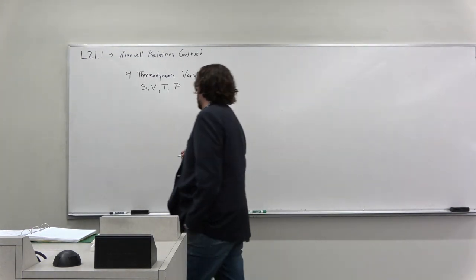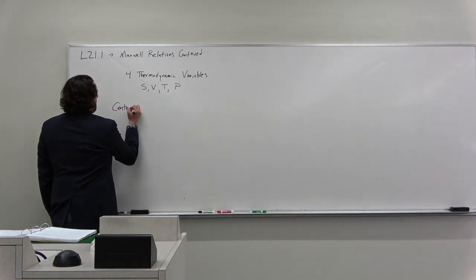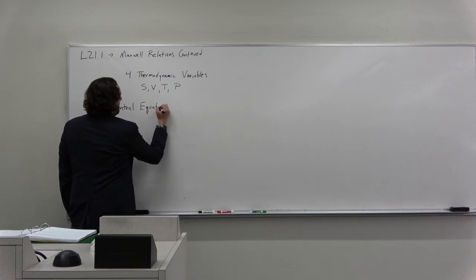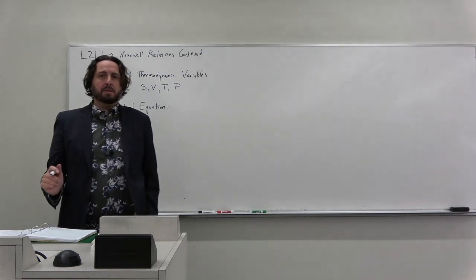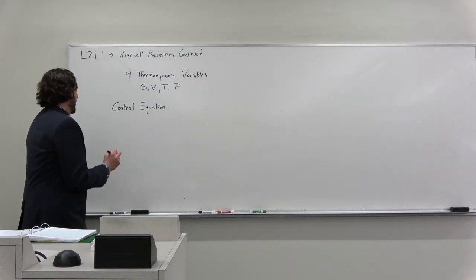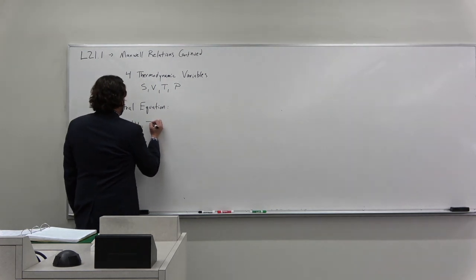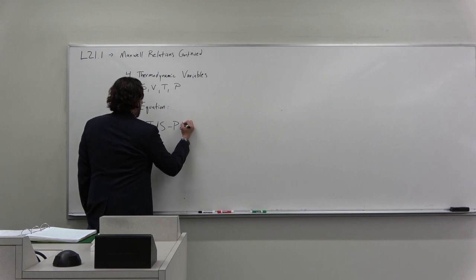So let's write down our central equation, which, remember, is just our first law written out in terms of exact differentials. So that was dU equals T dS minus P dV.